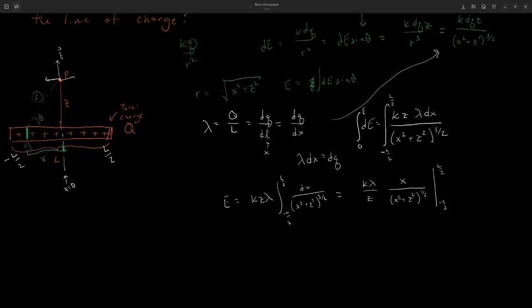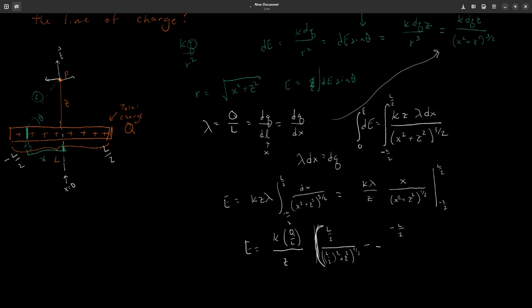So now we just evaluate this integral. I'll get that E is equal to k lambda, but lambda we know is just q over L, so I'm going to make that substitution at this point, and then z on the bottom. X is just L over 2, so I'm going to evaluate L over 2 over the square root of L over 2 squared plus z squared, that to the power 1/2, minus negative L over 2.